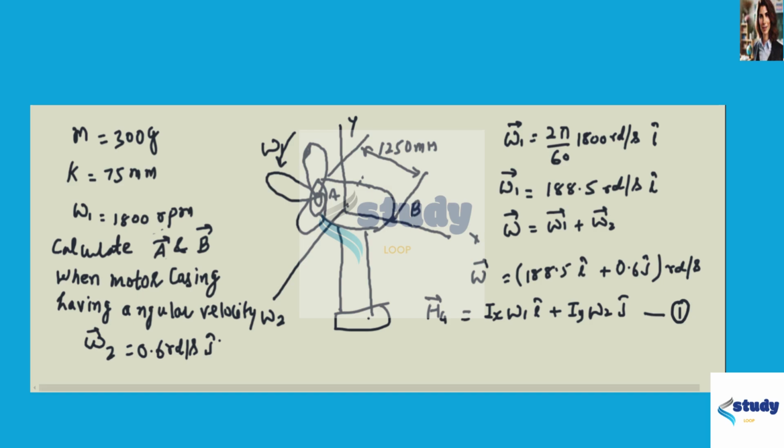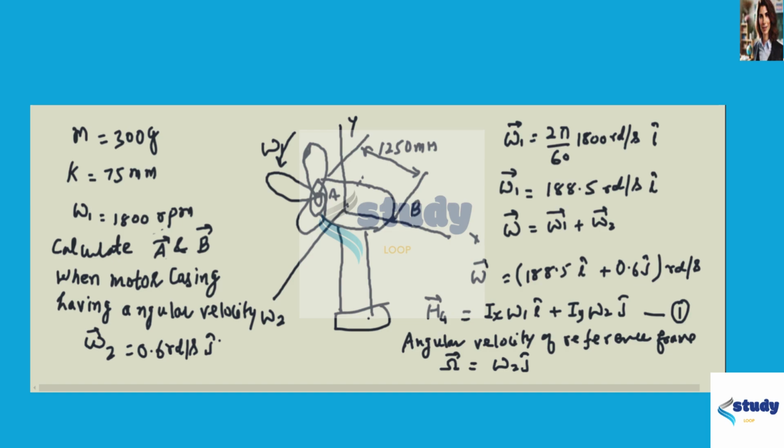Angular velocity of the reference frame rotating, omega, is equal to omega 2 J cap.